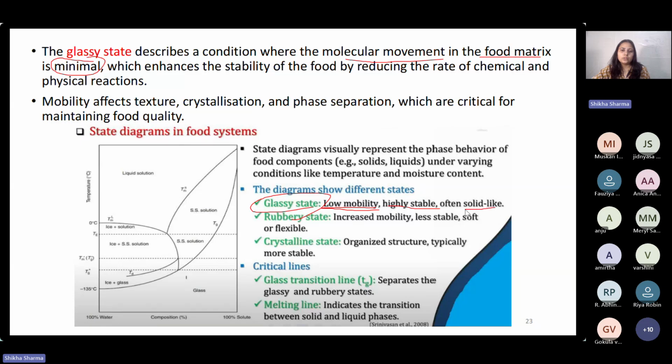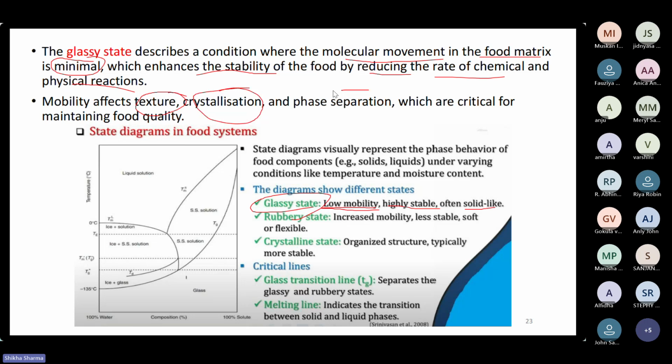So the food product often looks solid-like. It enhances the stability of the food by reducing the rate of the chemical and the physical reactions. The mobility affects the texture, crystallization, and phase separation, which are critical for maintaining the food quality. So this is the state diagram in the food product.